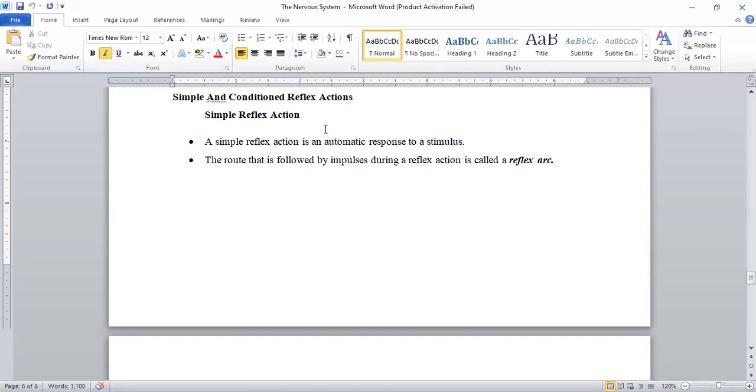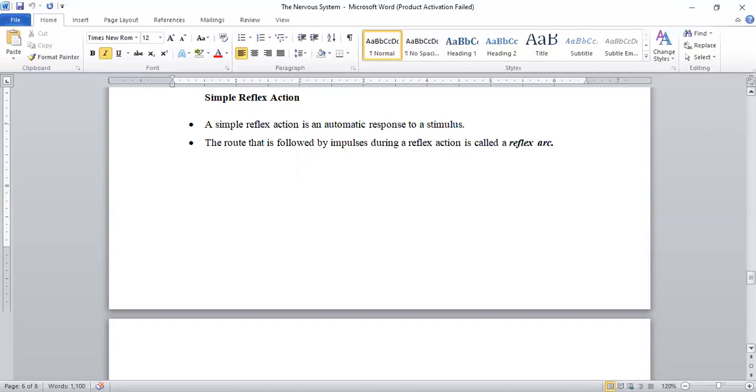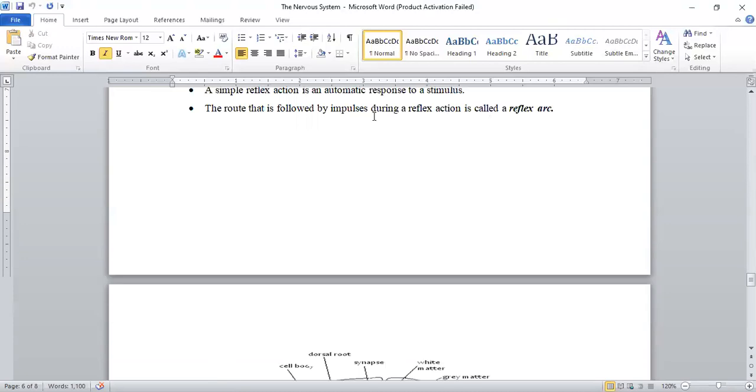Moving your hand is a simple reflex action. That is something that occurs automatically. We also have other things, for example, sneezing. You cannot control sneezing. That's a simple reflex action. How does it happen? These occur through the transmission of that impulse, which is known as the reflex arc. So let's see how it happens.